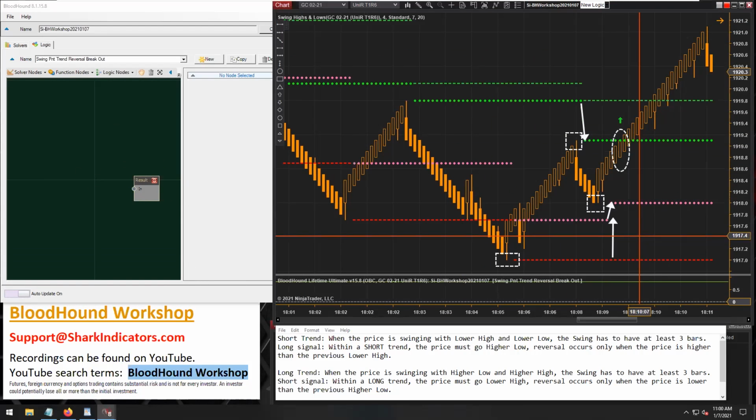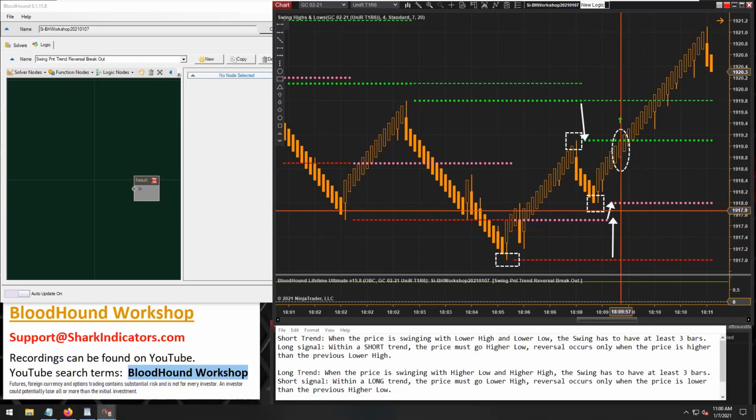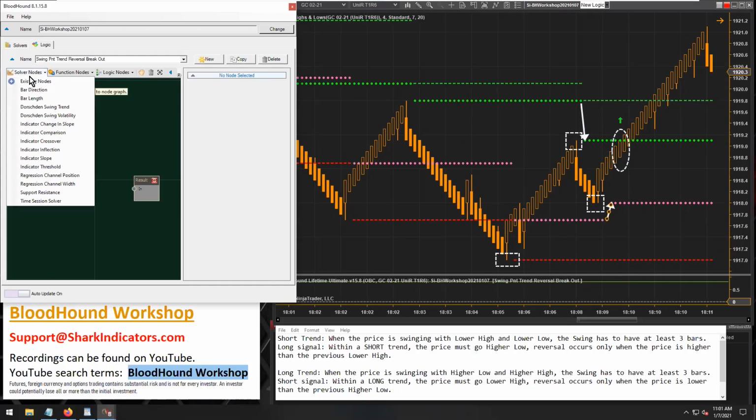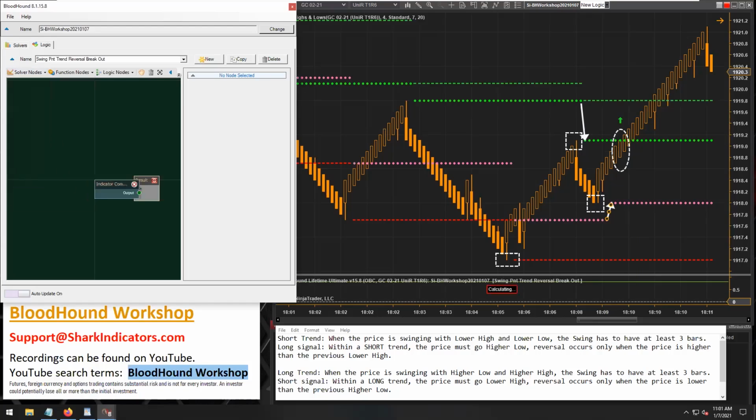Let's see. I always like to start with identifying the easy conditions first. And so one of those easy conditions here is identifying when the tightest bottoms step up or the tightest tops step down, right? Just checking for that plot moving down or plot moving up. So to do that, we're using a comparison solver, right?